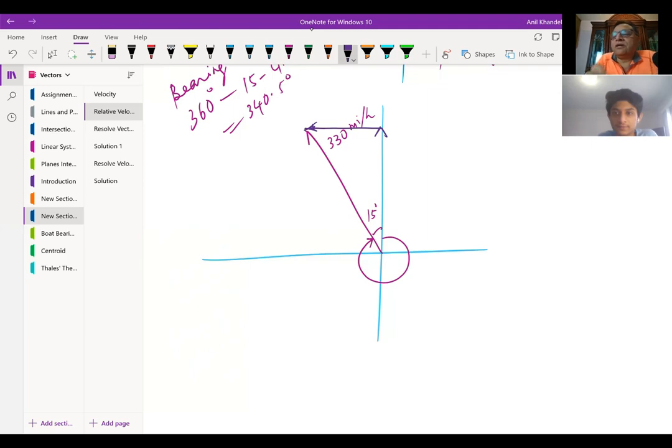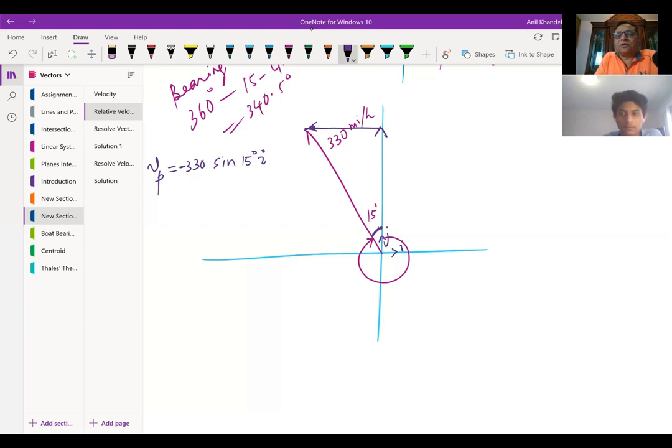The vertical component, as we had said, is written with the unit vector j, and this is i. So if this is 15, then the horizontal component will be 330 sine of 15. So the velocity of the plane is 330 sine of 15 degrees, but since it is going in this direction, we say minus, i.